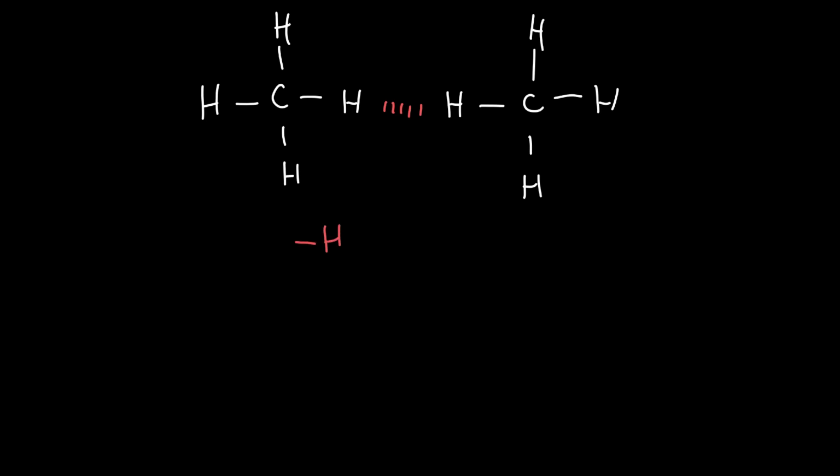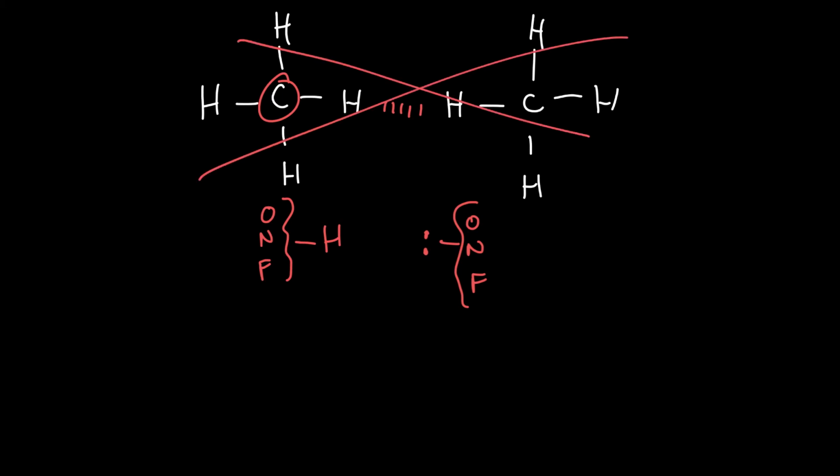You need a hydrogen bonded to either an oxygen or a nitrogen or a fluorine, and clearly a carbon is not an oxygen, nitrogen, or fluorine. And you don't have an acceptor. You don't have a lone pair bonded to either an oxygen, a nitrogen, or a fluorine. So you lack the three donors or the three acceptor possibilities. So that is not going to hydrogen bond.